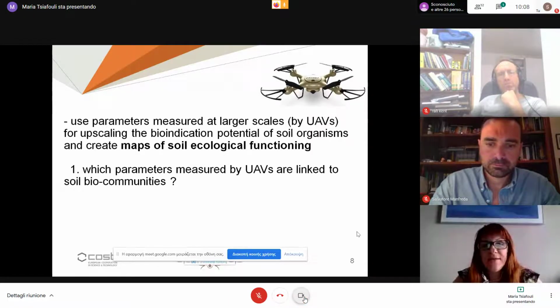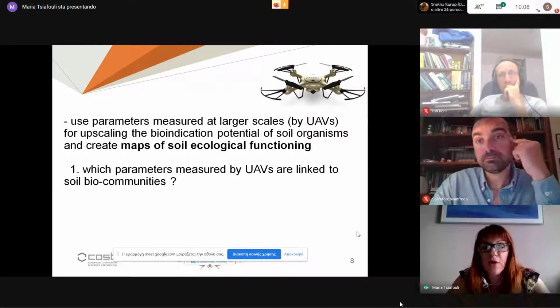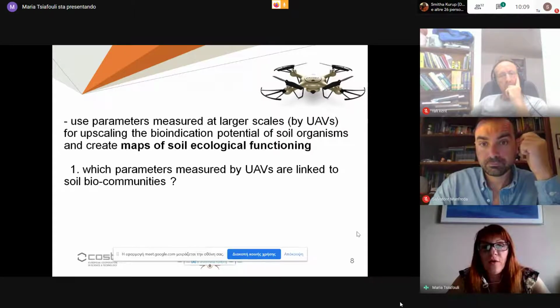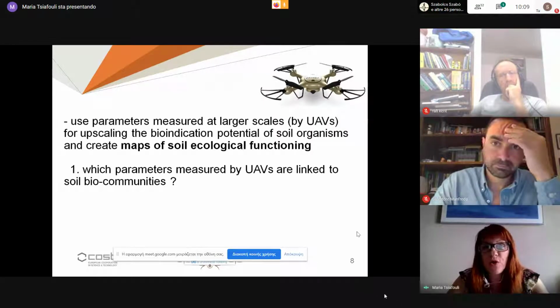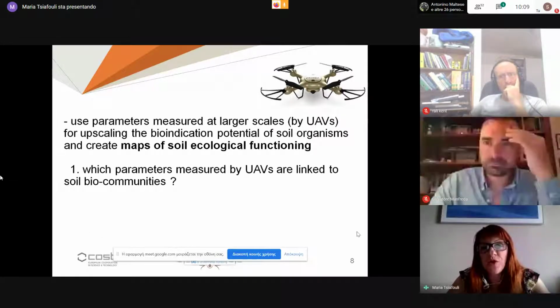So the idea is how to use UAV parameters and link them to biological parameters that we measure in soil in order to upscale what we see in the soil organisms and make maps of soil ecological functioning.